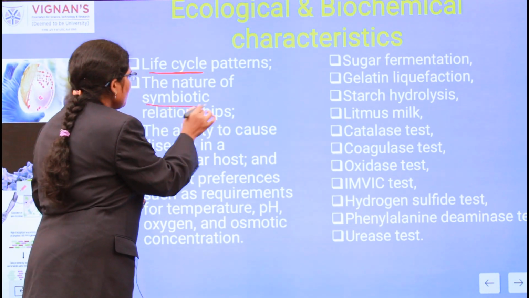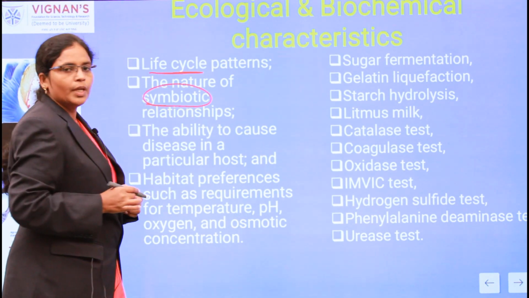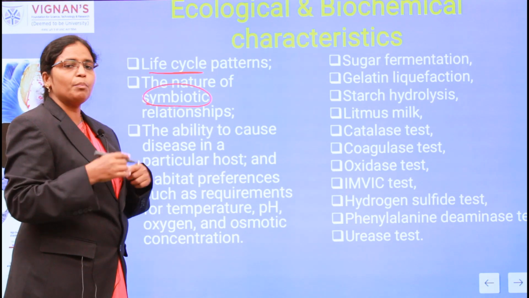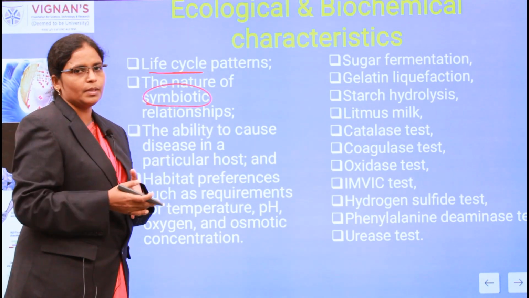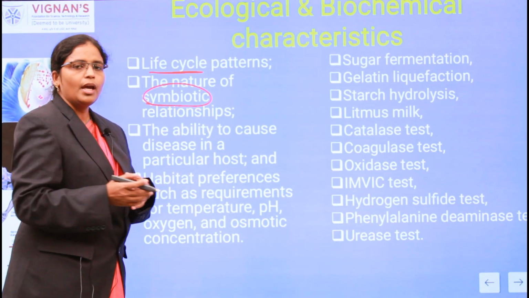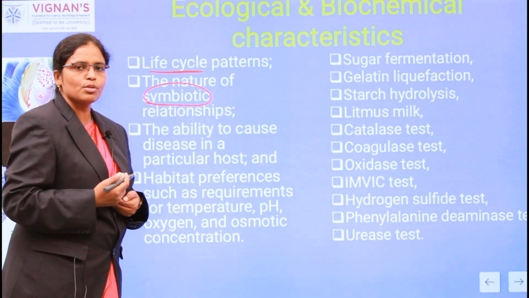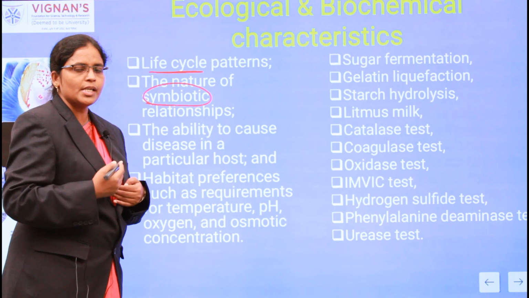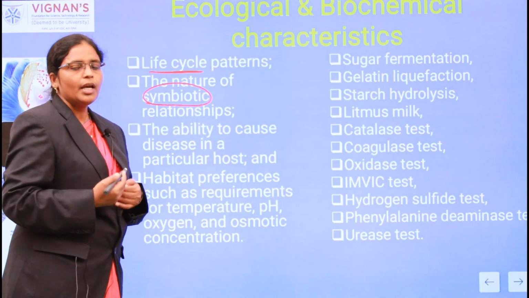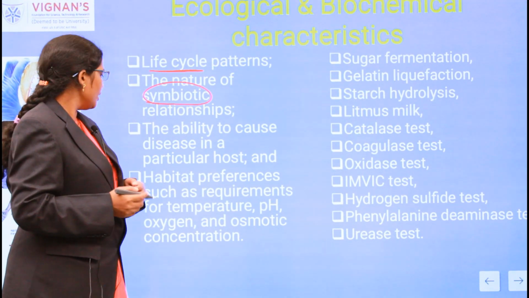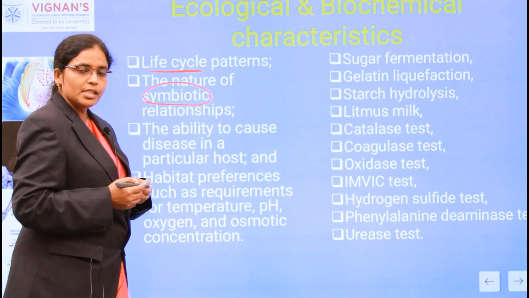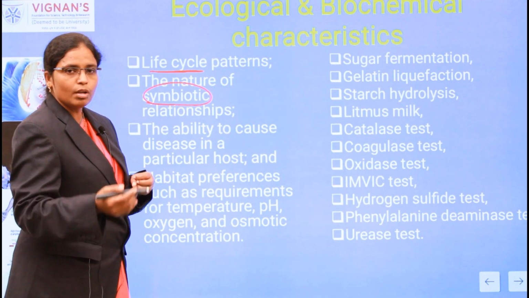And another one, symbiotic relationship. The microorganisms, they are symbiotic with the other organisms. For example, say plants, animals and humans. Even in our body also, the microorganisms present inside our gut, they are symbiotic. And some organisms, they are symbiotic with the host also.